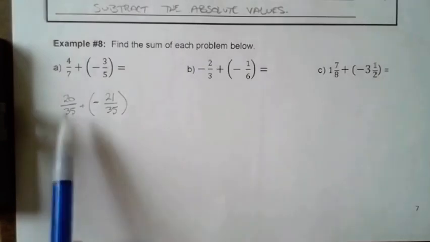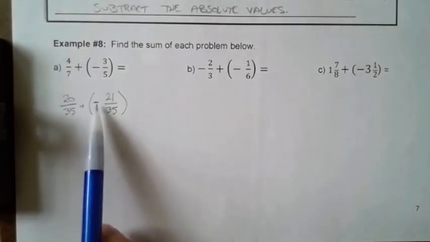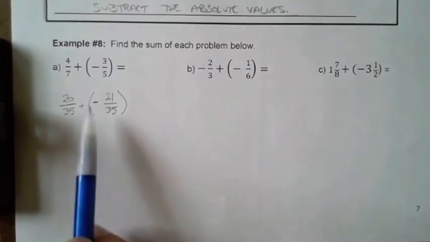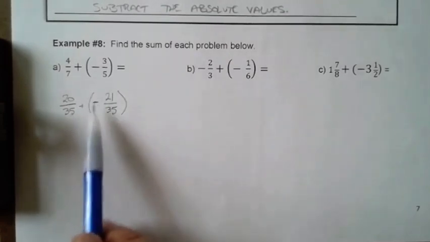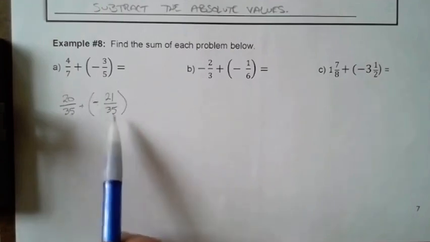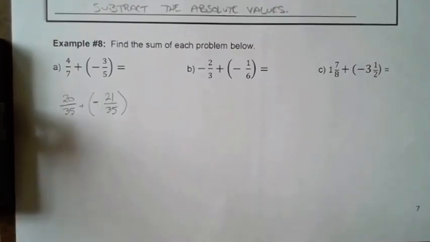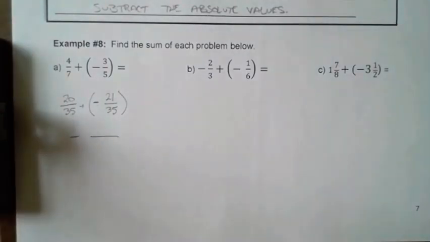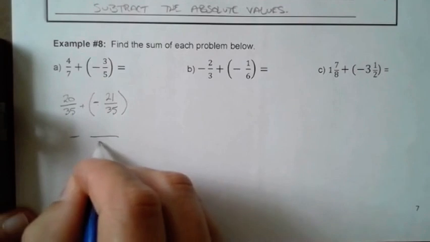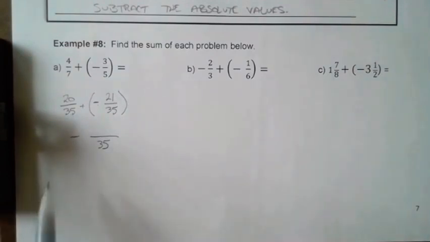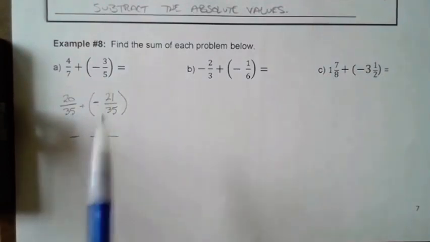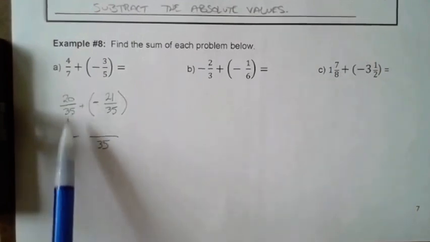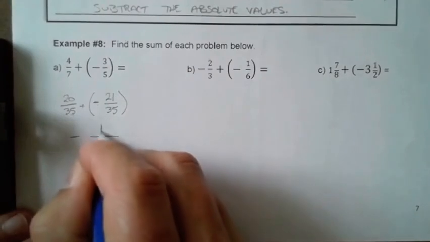Now that the fractions have the same denominator, it's easy to tell what the sign of the answer should be. This is a positive, this is a negative, different signs. I keep the sign of the number with the bigger absolute value, which is this -21/35. It's a little further away from 0 than 20/35, so my answer is going to be negative, but the question is negative what? My denominator is going to be 35, and if I subtract the absolute values, 21/35 minus 20/35 is 1/35.